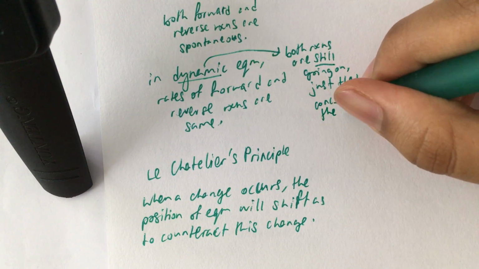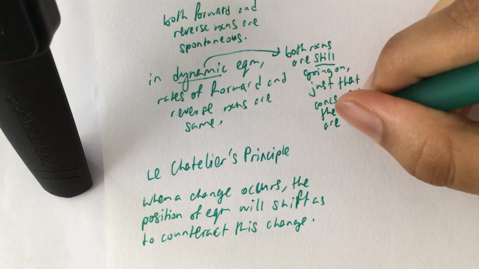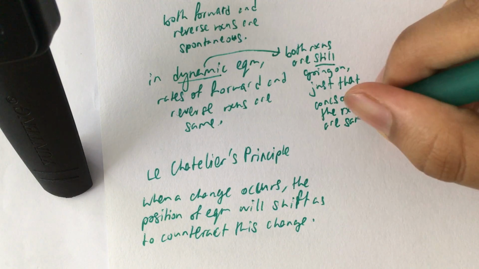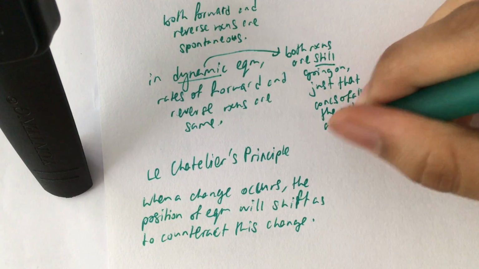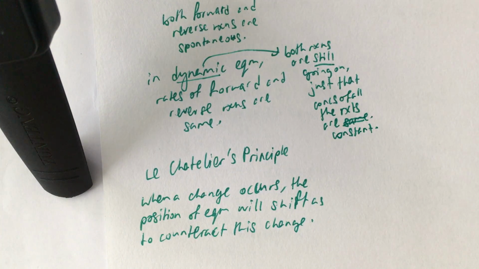But at the same time, this means that the reactions are still going on, and this can be seen very clearly when you disrupt the equilibrium. The reactions will then increase or decrease their rates according to the disruption and try to go back to equilibrium.